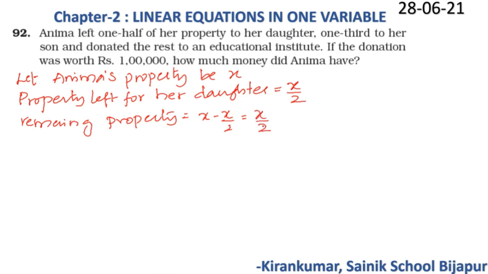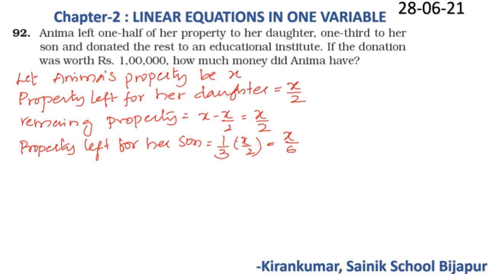So x by 2 we get. In this, she has given 1/3 to her son. So property left for her son is 1/3 of the remaining, which is x by 2, which is x by 6.